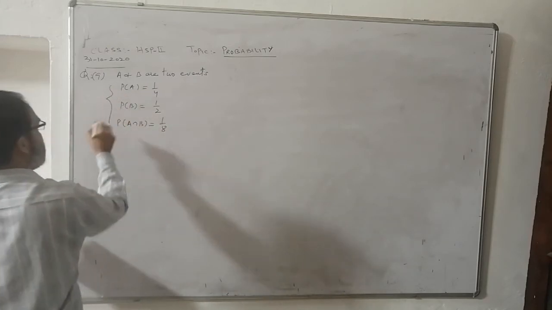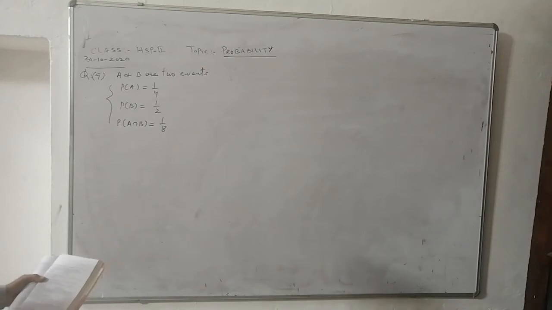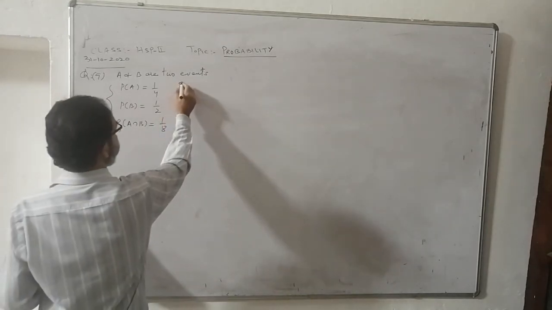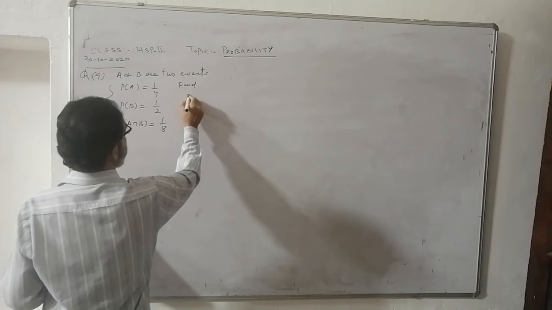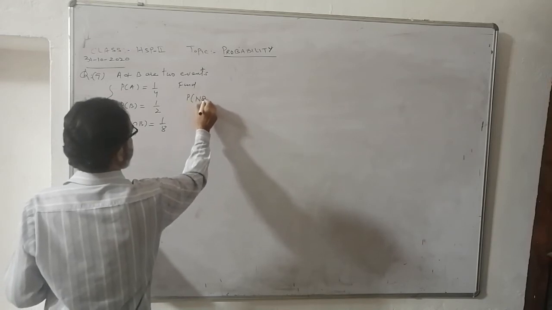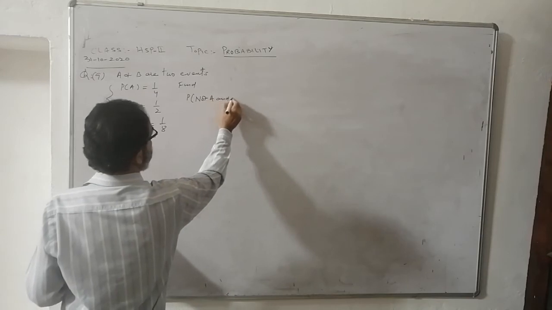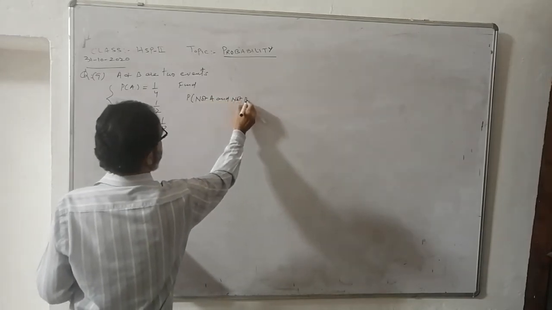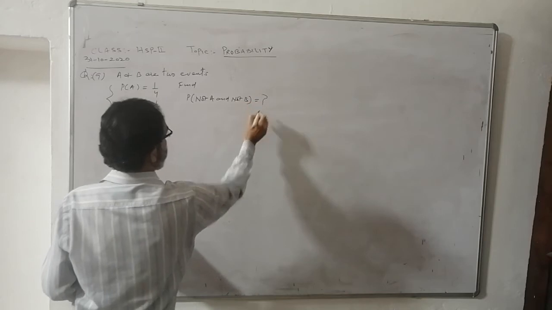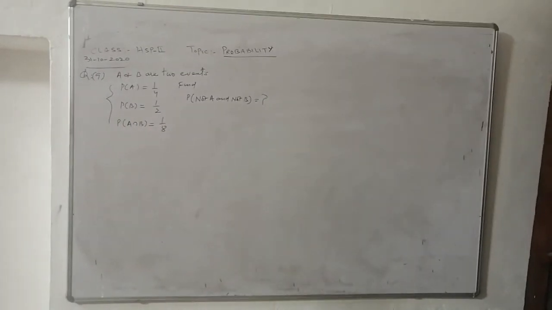Three values are given and we have to find the probability of not A and not B. So its value is to be calculated.